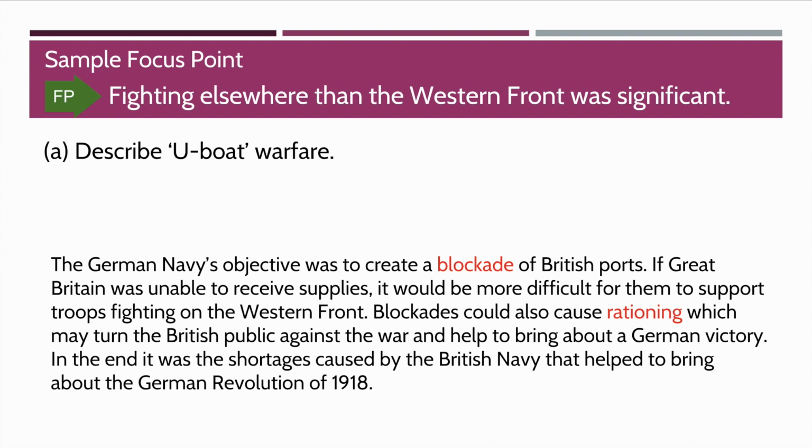Blockades could also cause rationing, which may turn the British public against the war and help to bring about a German victory. In the end, it was the shortages caused by the British Navy that helped to bring about the German Revolution of 1918. This is the paragraph that supports the evidence related to the category of objectives.